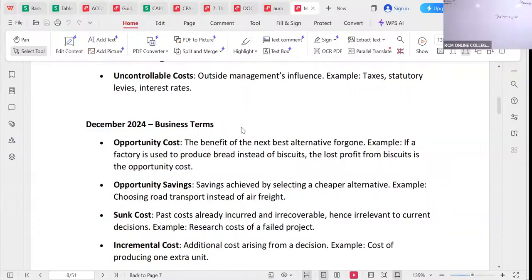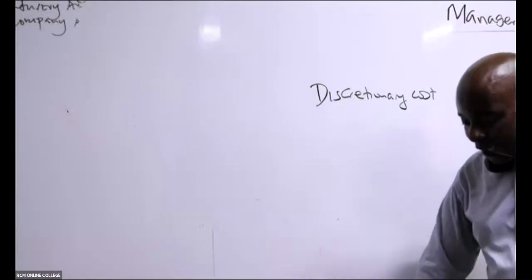So we have their business terms which came in December 2024. So they want us to define opportunity cost. Opportunity cost, like now you guys, I'm so sure for you to be here, you must have sacrificed something outside there.